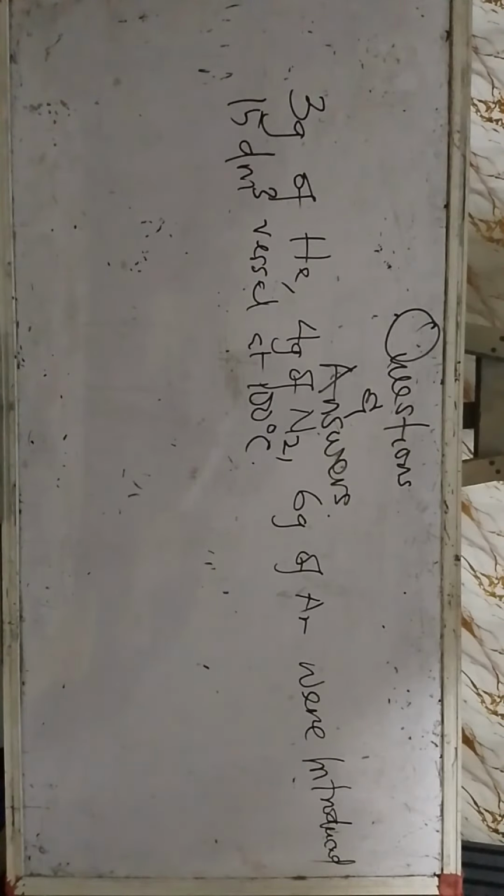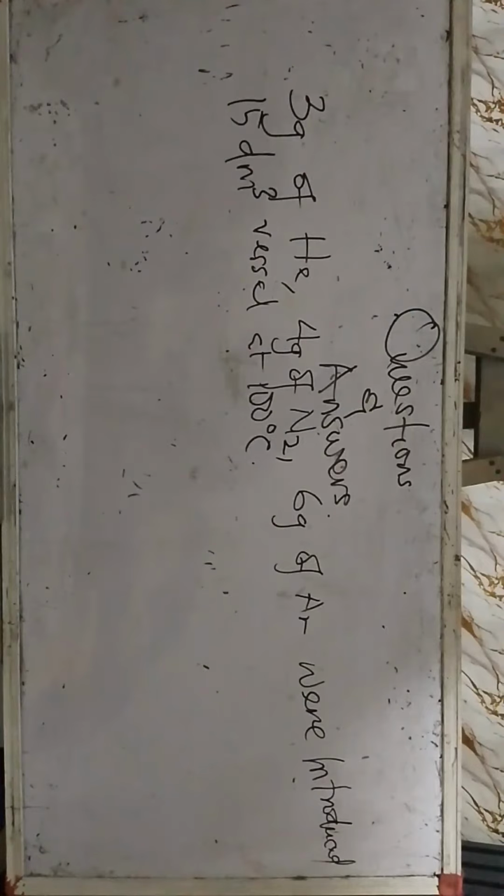So are we okay with the question? They said we have 3 grams of helium, 4 grams of nitrogen gas, 6 grams of argon introduced into a vessel at 100 degrees Celsius.